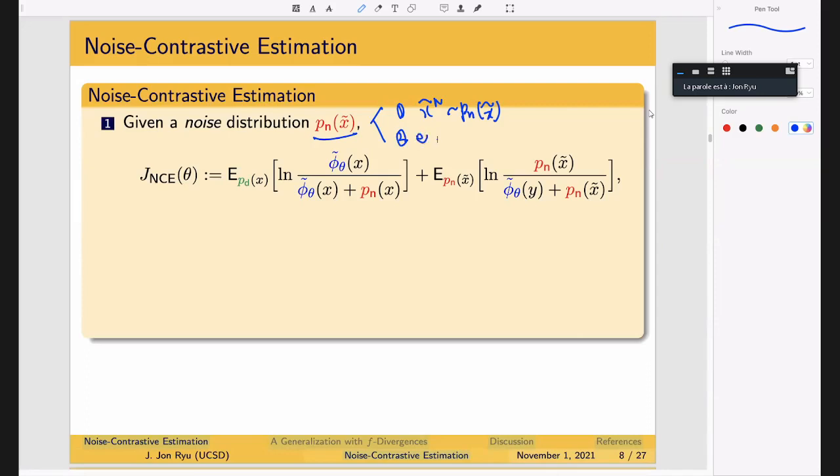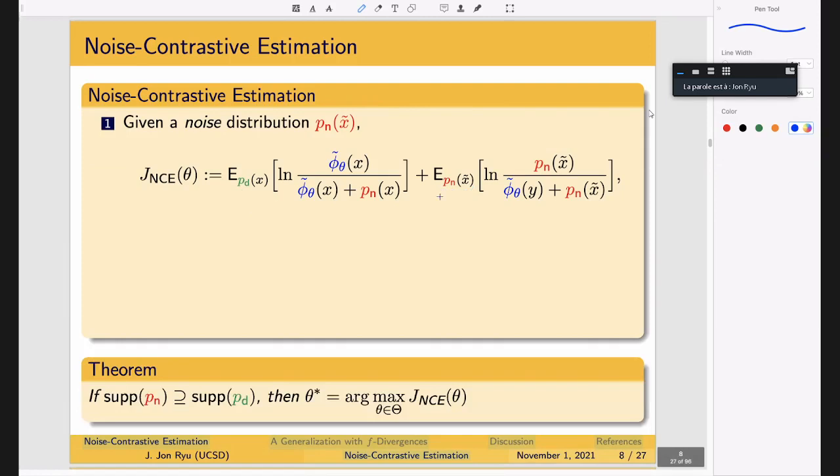And also, it is easy to compute the density given X. So suppose that you are given such a noise distribution Pn, then I'm gonna define J_NC(theta) as the expectation of log of phi tilde over phi tilde plus Pn under the data generating distribution, plus the expected value of log of 1 minus this, so that it becomes Pn over phi tilde plus Pn, under the noise distribution. Okay. So this is the NC objective.